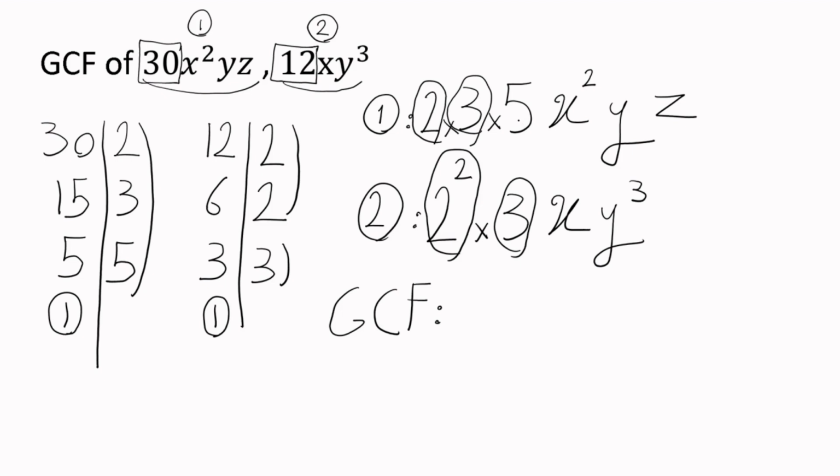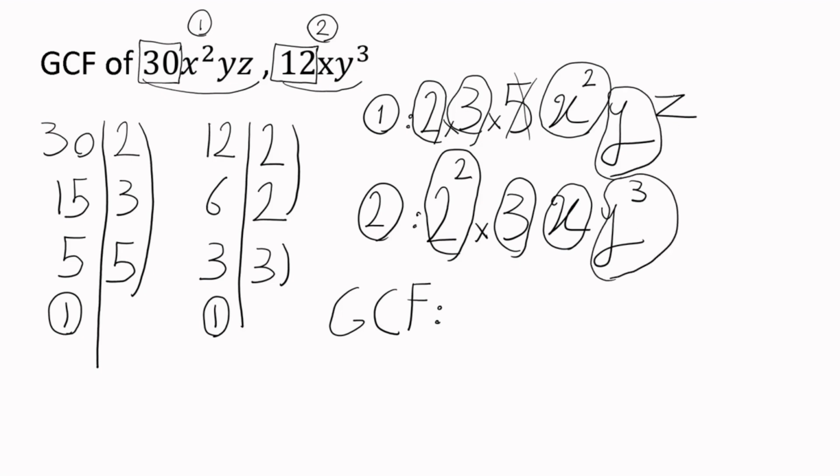No, as you can see, I have 5 in the first term and I do not have 5 in the second term. So I have nothing to do with the 5. X is common between them. Y is common between them. And Z, is it common between them? No, I have it in the first term and I do not have it in the second term. So I have nothing to do with that.